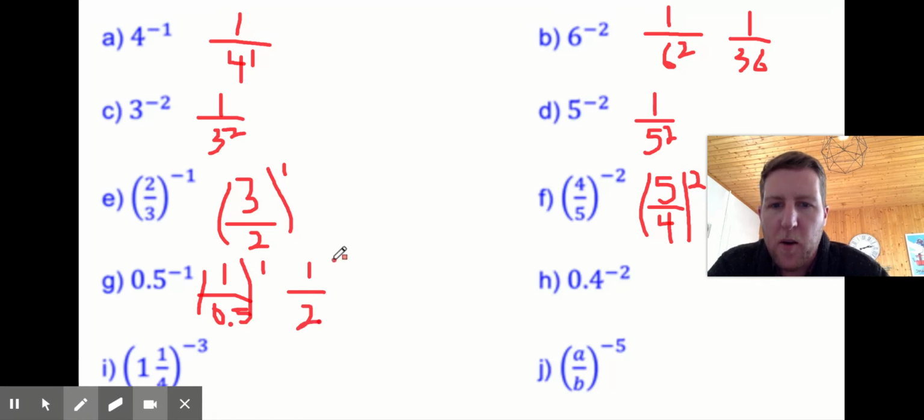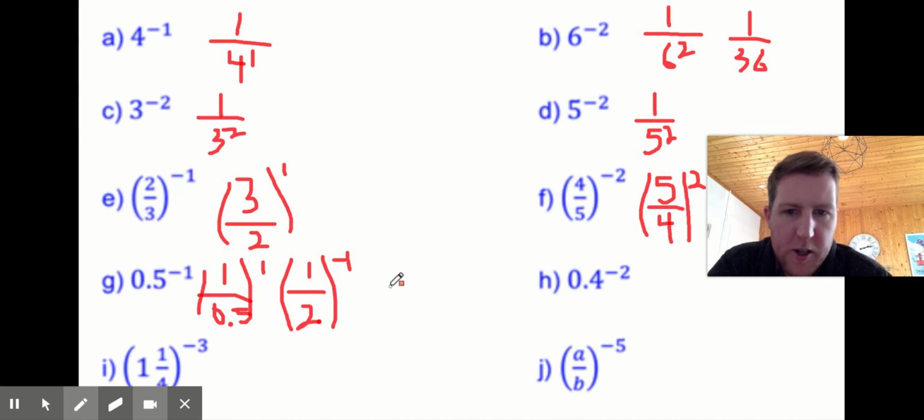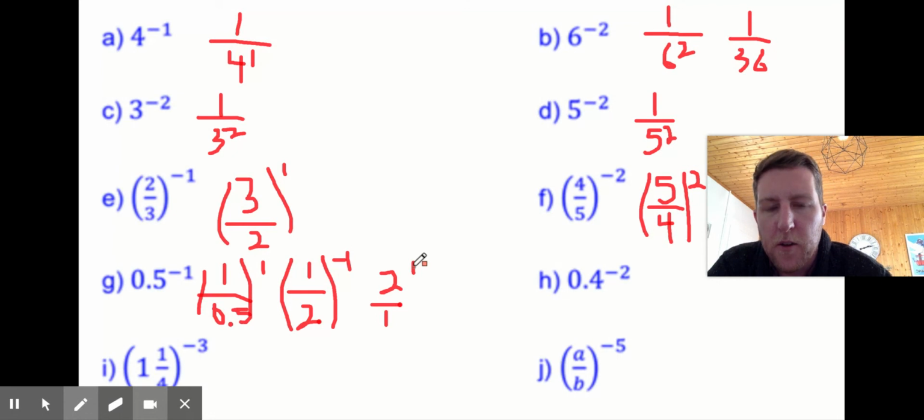And if it's to the power of negative 1 in the original question, then when we change it to have a positive power, we actually end up with 2 over 1 to the power of positive 1. So 2 over 1 is just 2, and 2 to the power of 1 is also 2. So the final answer for this, 0.5 to the power of negative 1, is just going to give me 2.